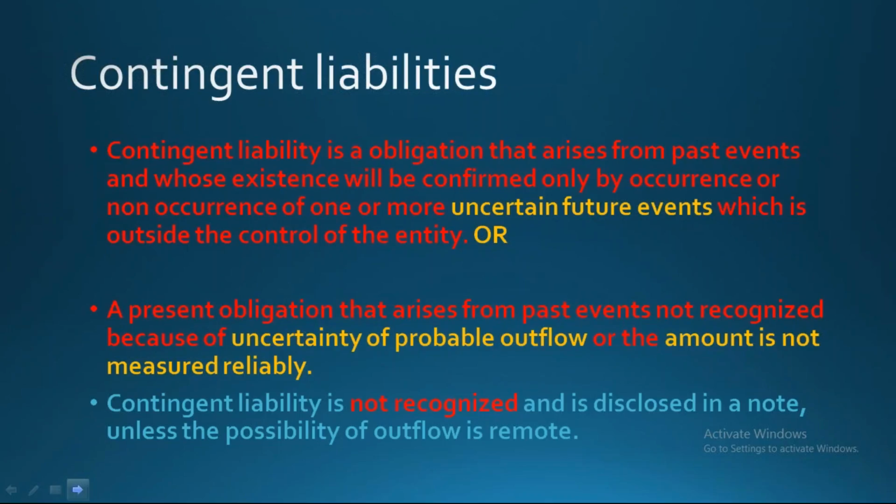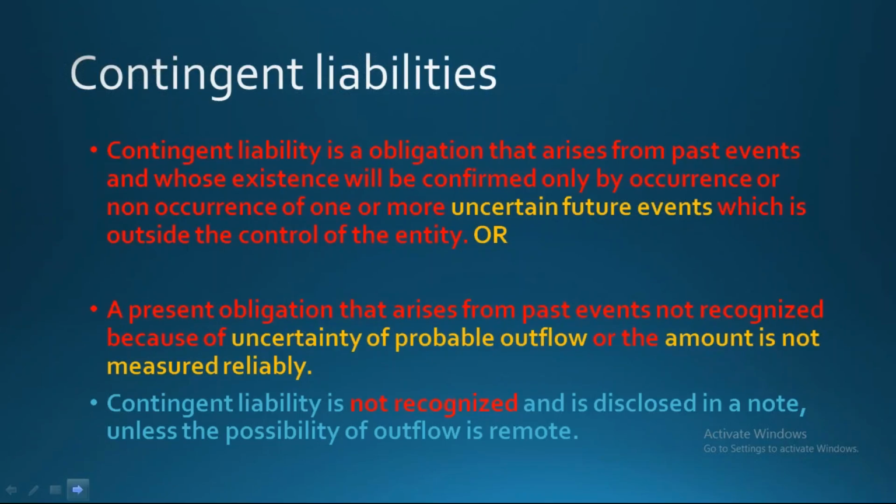Remember we said a provision is recognized when there is more than 50% probability and the amount can be measured reliably. When the amount cannot be measured reliably and we are not very certain of the probable outflow, that will be considered not a provision but a contingent liability.